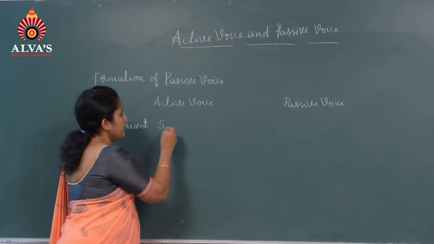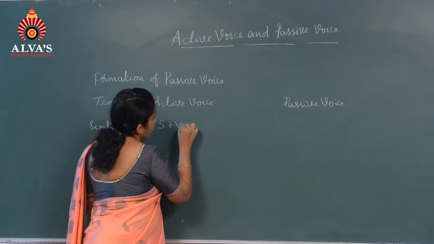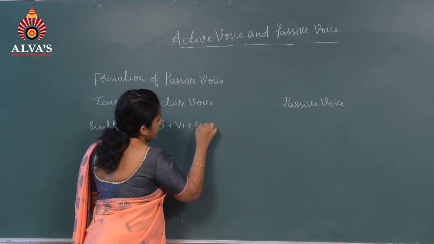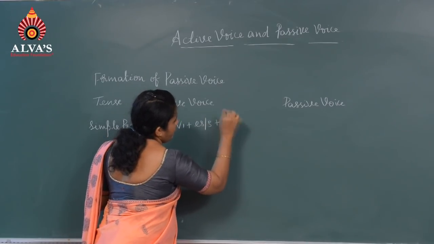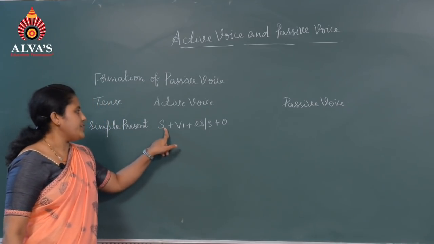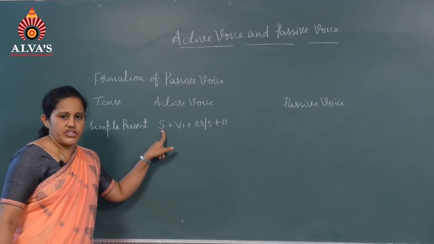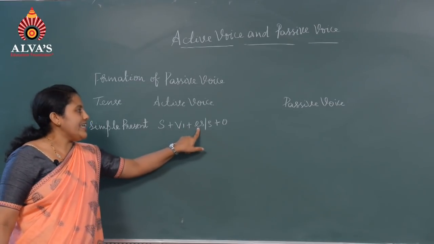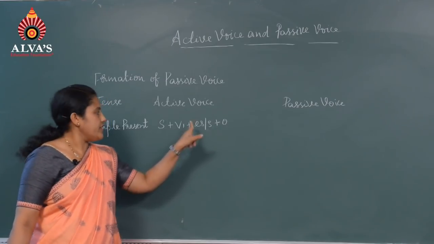Simple present. So, active voice: the formula is subject plus V1 plus es or s plus object. I will write here short forms of those subjects, verbs and objects. S means subject here, V is the first form of the verb plus es or s, plus object. So, this is active voice.